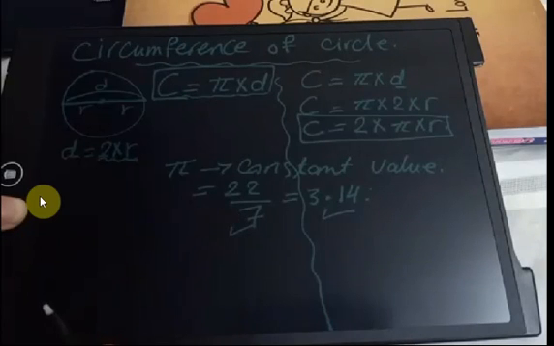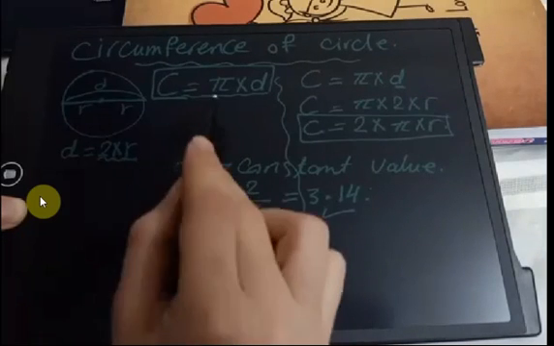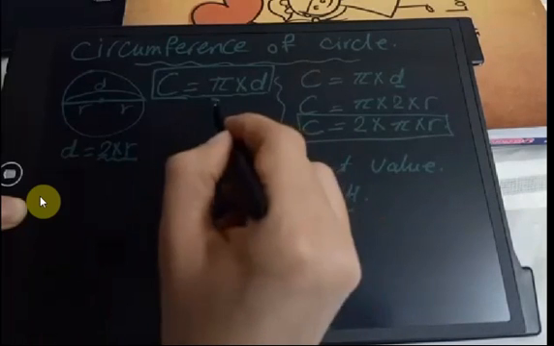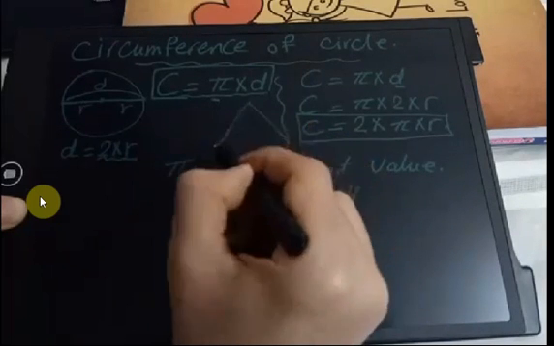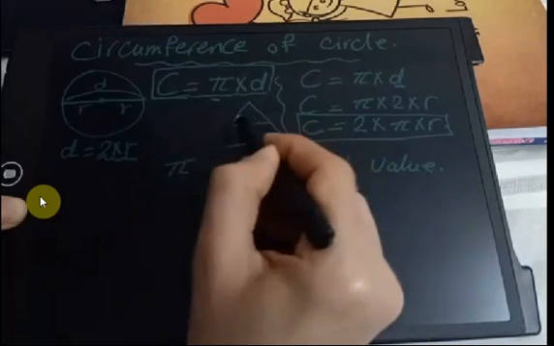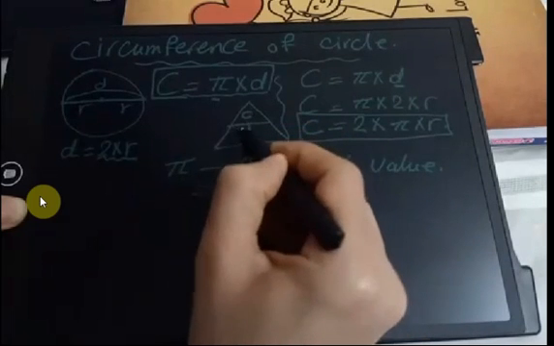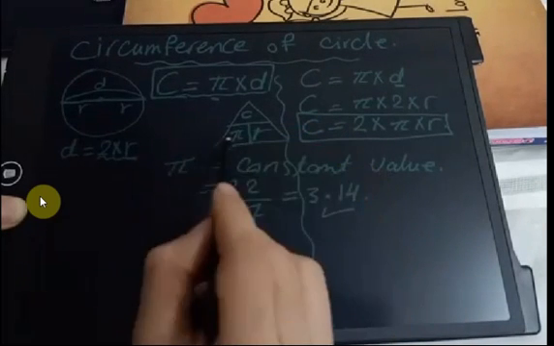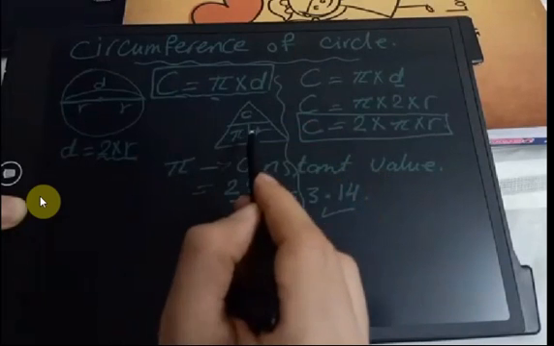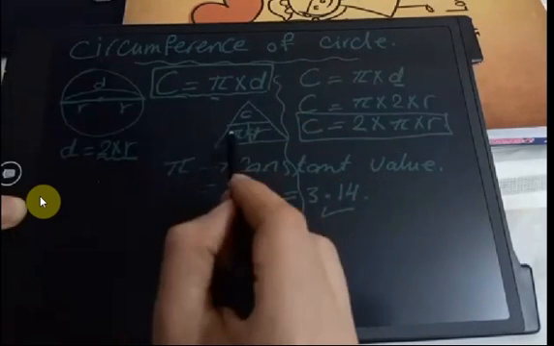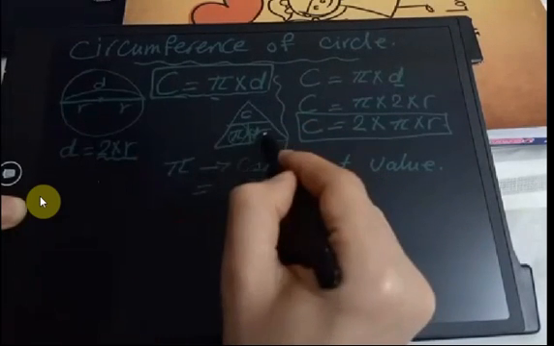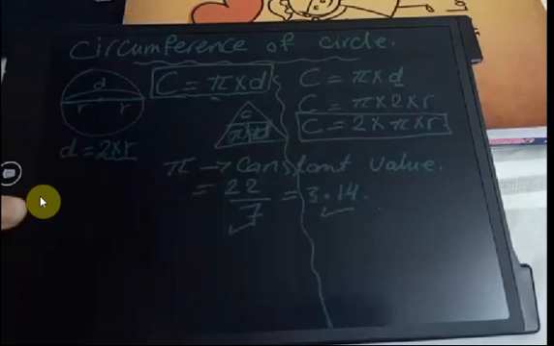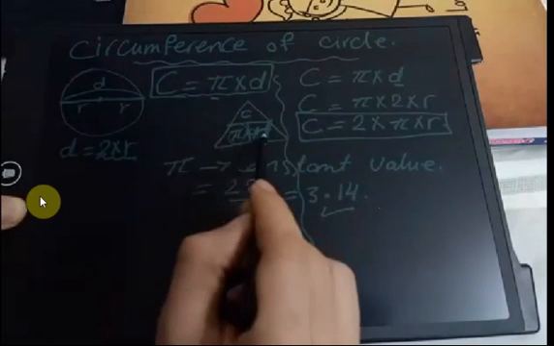Okay, how can I get the pi? If I put this rule in the triangle like this, c equals pi times d, because the two letters beside each other mean multiply.